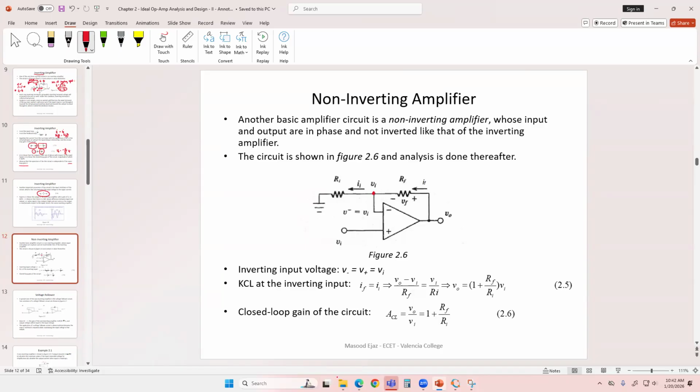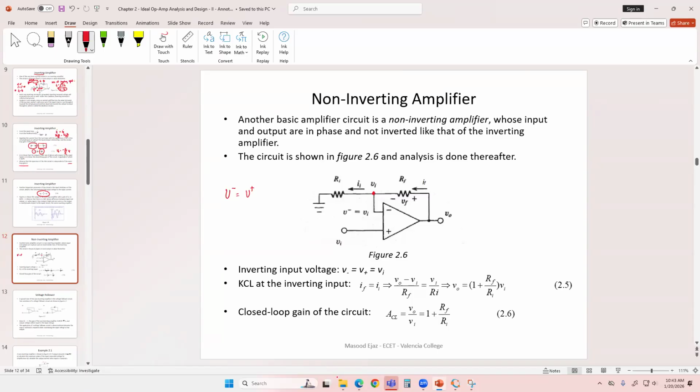Now, since Vi is applied at the non-inverting terminal, using the approximation that the negative input and the positive input are ideally the same, we will assume that at the negative input, the same voltage is going to appear, which is V input. So the voltage here is going to be the same as this.